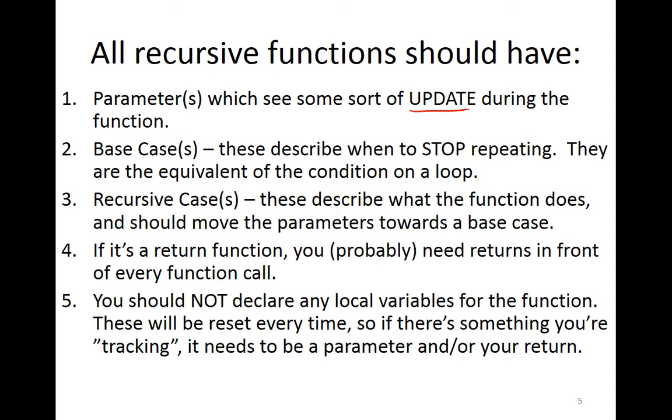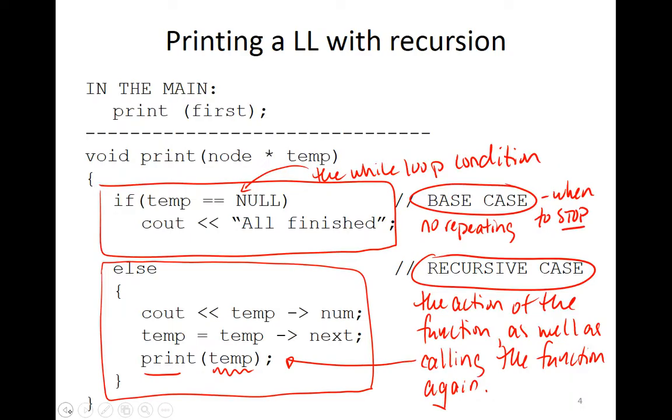Parameters are going to be the way that we actually move through this. Let me go back to the one that we have worked out here. In this case, temp is our parameter. Temp starts at first, and then we toggle it each time. But what's remembering or holding on to that is the fact that every time the function is called, it's been updated to basically be the next box.